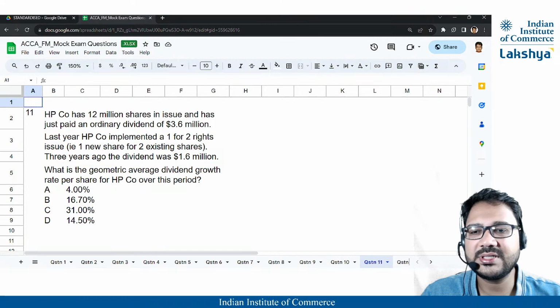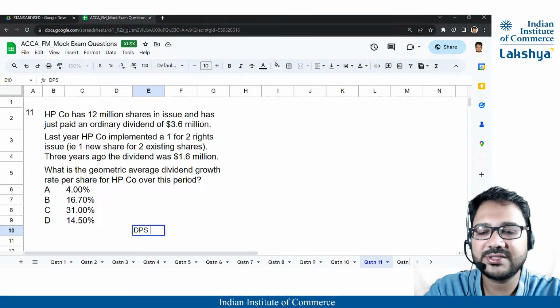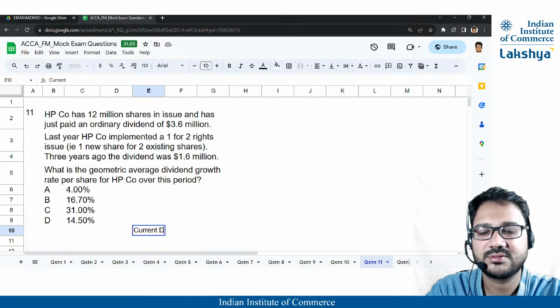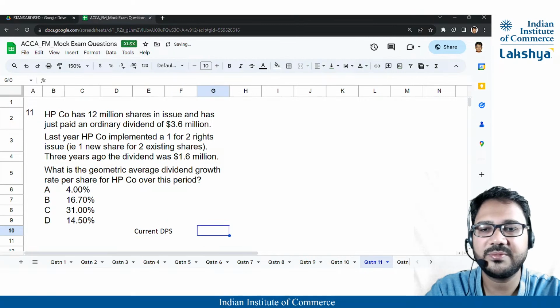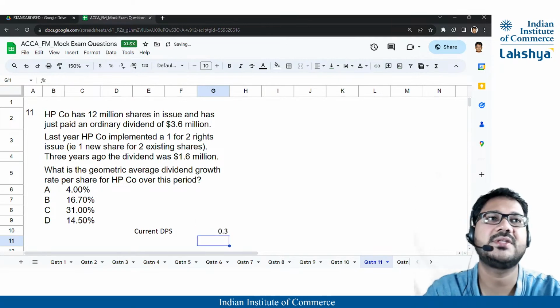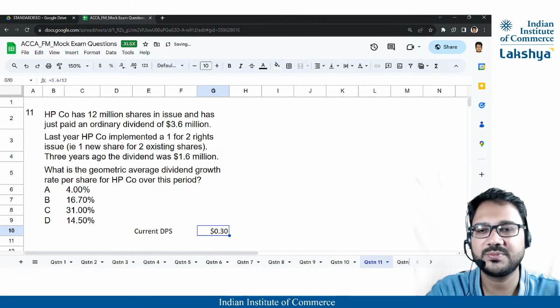So firstly, the current DPS: currently, the dividend per share is $3.6 million for 12 million shares. That is 0.3 per share. So this is $0.3 per share.